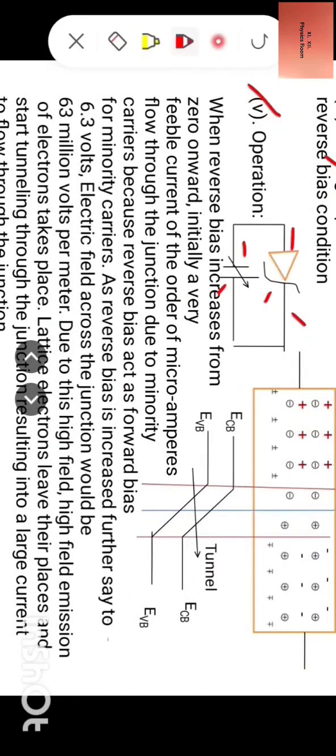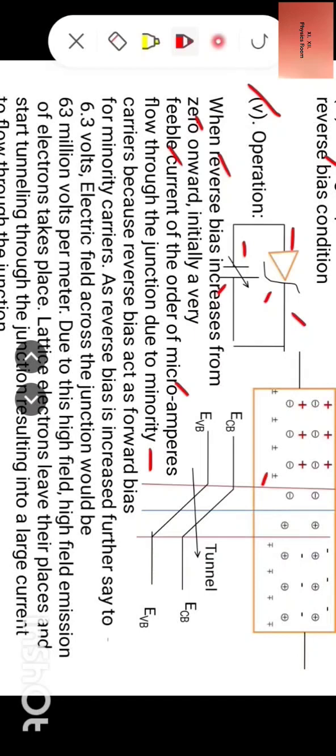Now fifth, operation of Zener diode under reverse bias conditions. Now when reverse bias increases from 0 onward, initially a very feeble current of the order of microamperes flow through the junction due to minority carriers, because reverse bias acts as forward bias for minority carriers.